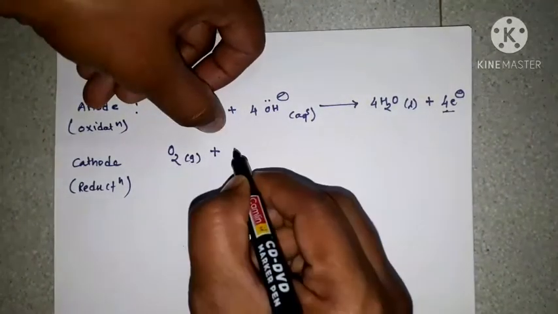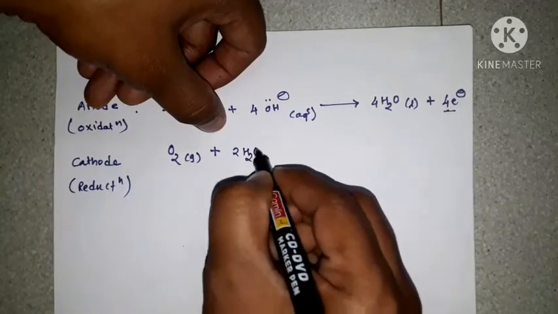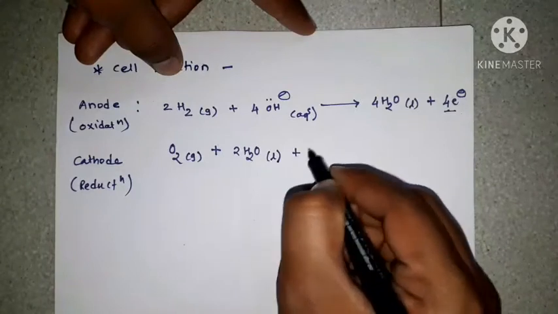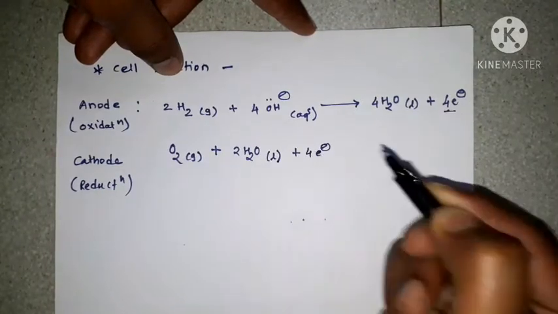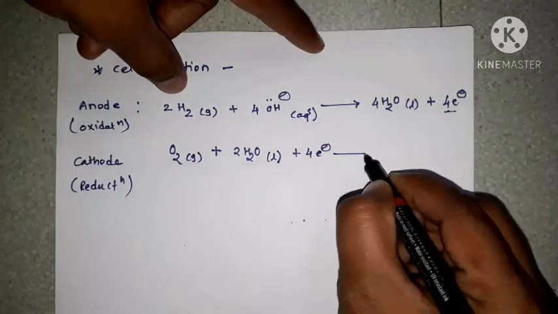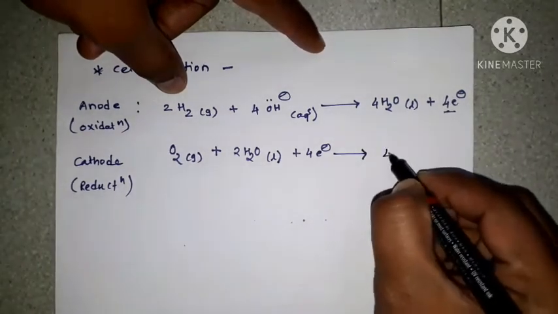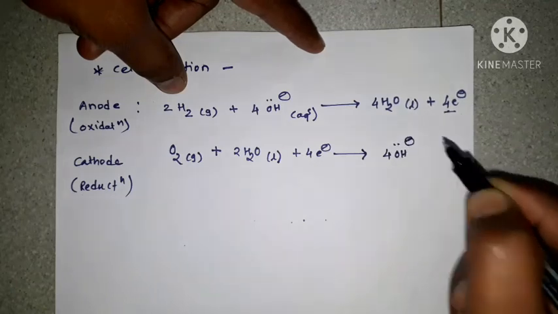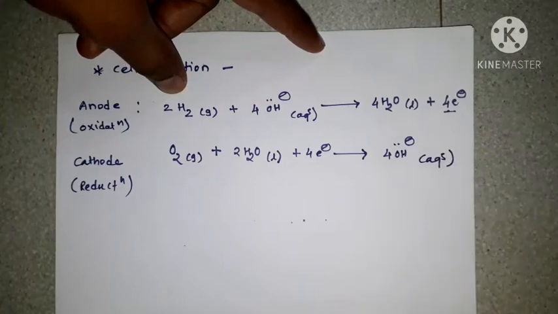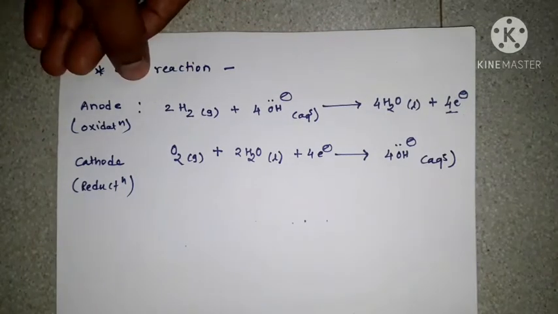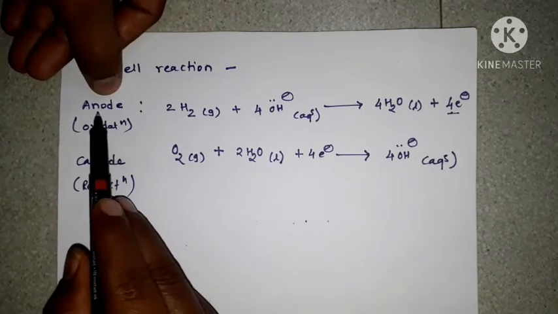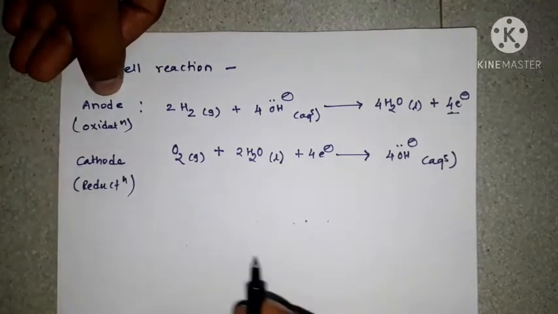Here O2 gas reacts with 2 moles of water in the liquid form and 4 electrons are used for the reduction of oxygen gas. Then you will get 4 OH minus ions in aqueous phase, okay. So these are your 2 half cell reactions occurring at the anode and cathode.